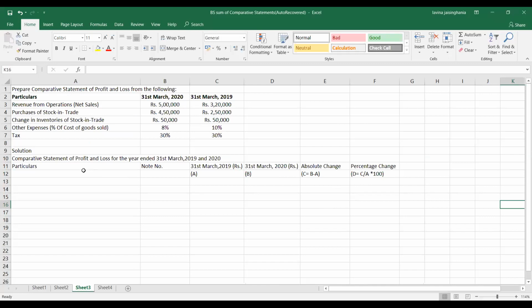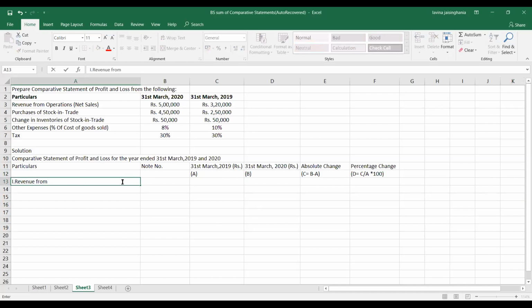See, for profit and loss statement also, a sequence is to be followed. So first of all, what is there? First there is revenue from operation. So we'll write down revenue from operation first. I have given each column name similar as we have given in balance sheet. We all know that revenue from operation means net sales.